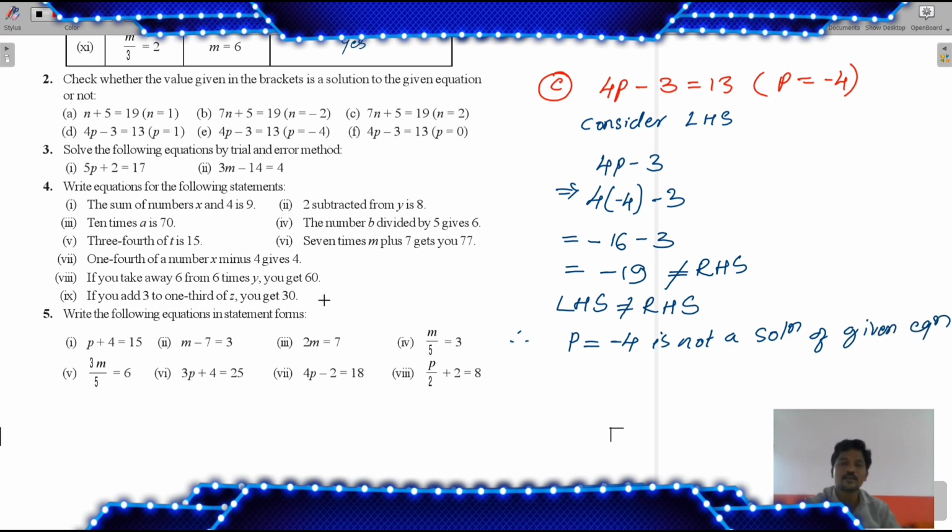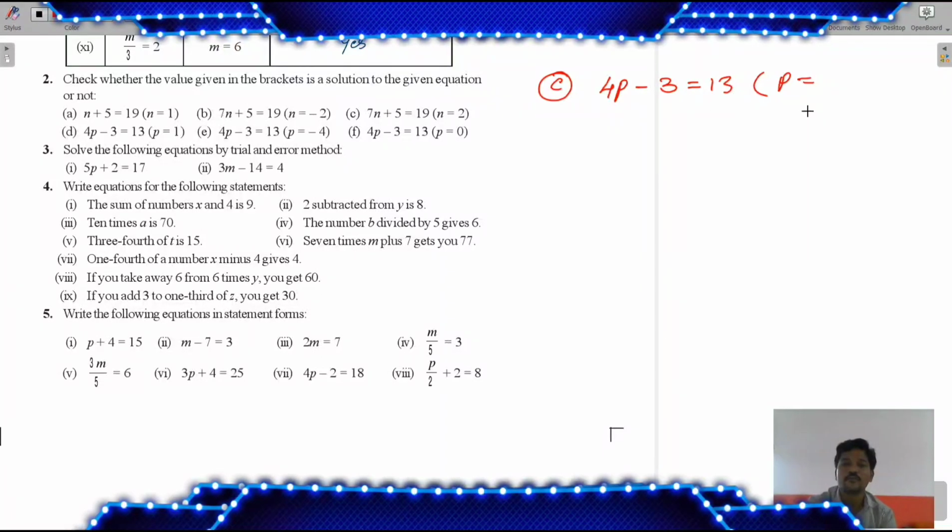Is it right? Okay. Then the last problem of this bit, that is 4p minus 3 equals 13 when p equals 0. Check it. p equals 0 he has given.